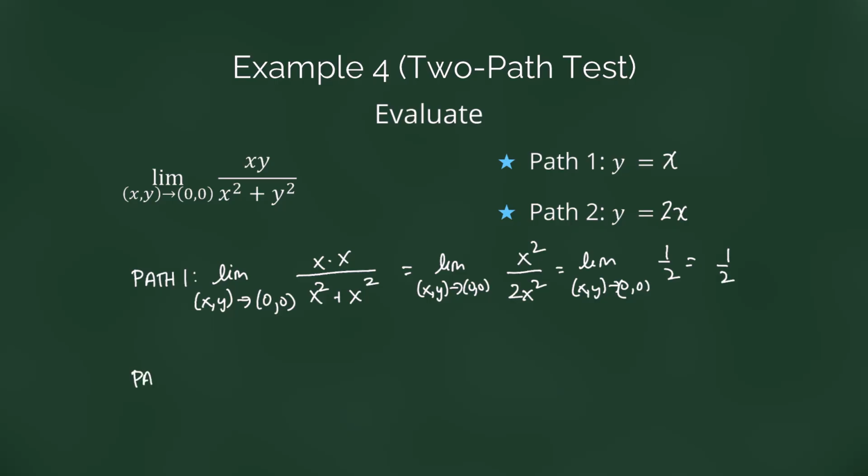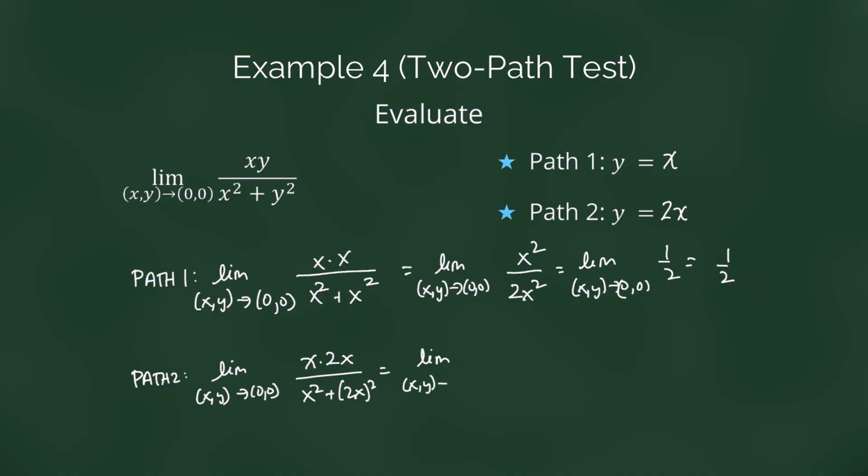Let's compare that to path 2. Here, if we take the limit as xy approaches 0, 0, where y is twice as big as x, we're going to get x times 2x over x squared plus 2x squared.